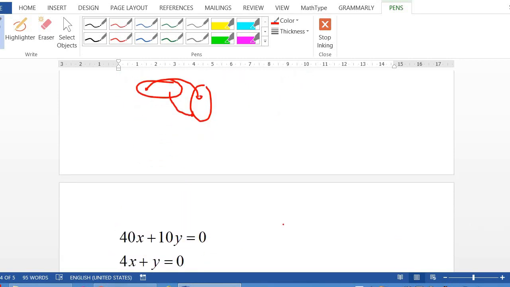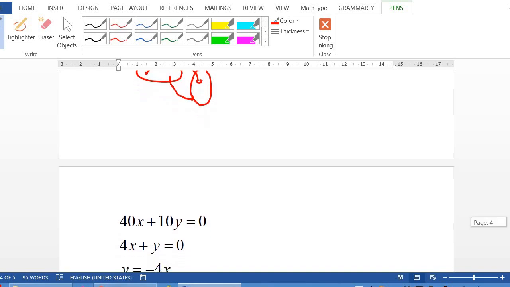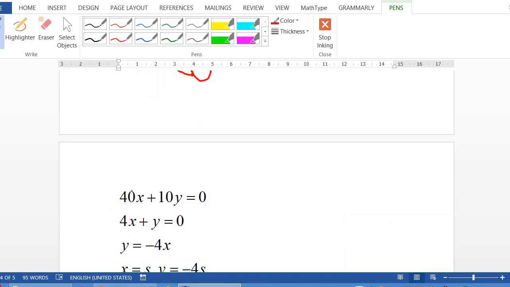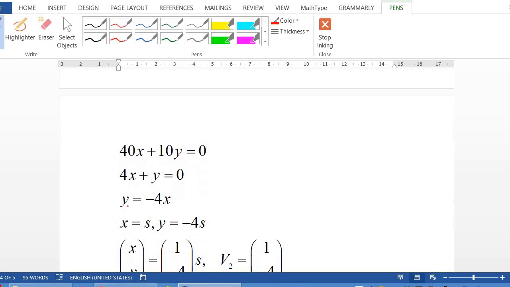So two unknowns are left with one equation. In this case we have infinitely many solutions in terms of the parameter s. So we divide by 10. This equation, if we divide by 10, we have 4x plus y equal to 0. So y is equal to negative 4x.